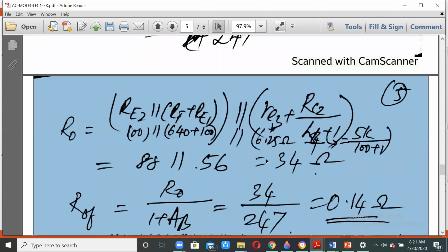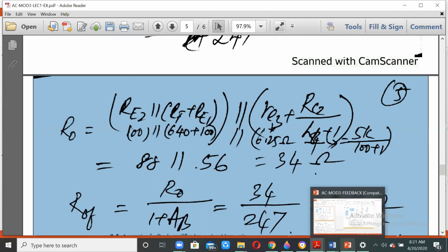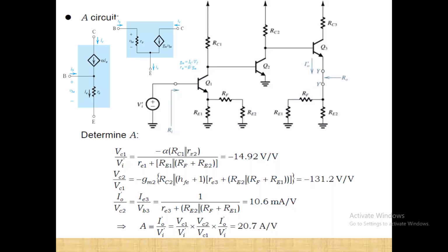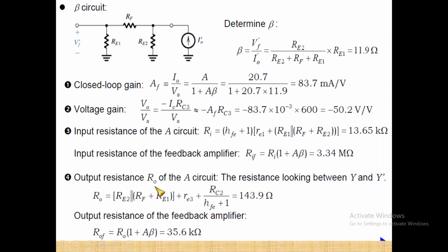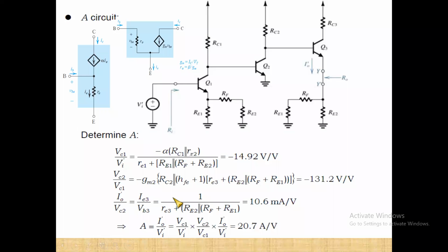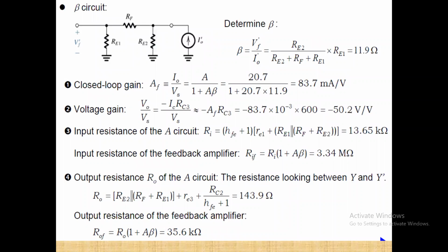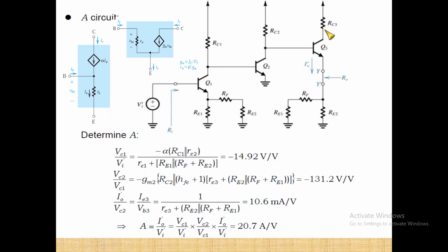Then we need to find R naught, going back to the numerical there. R naught was this, and this R naught was with the view that this value was there because of the reason that we have taken the output here at this point.